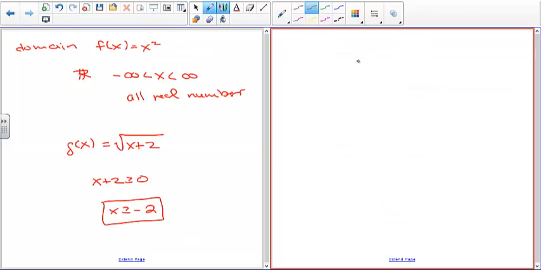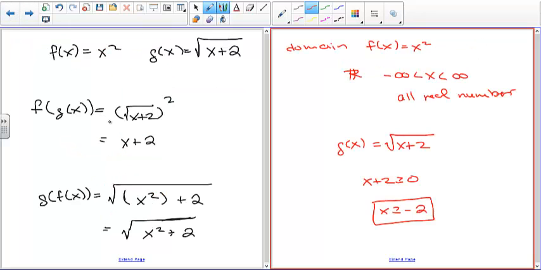Now the composite function, f of g of x, which is equal to the square root of x plus 2 quantity squared, as I said many times, you evaluate the domain at this point when you do the first substitution, not after you simplify it.